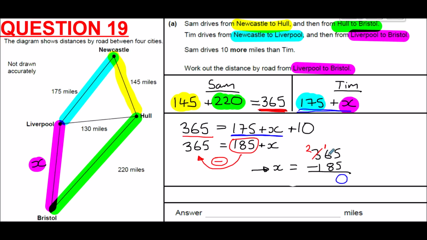Now this becomes 16. 16 take away 8 is 8. 2 take away 1 is 1. And so the distance for x is 180. So the distance by road from Liverpool to Bristol is going to be 180 miles.